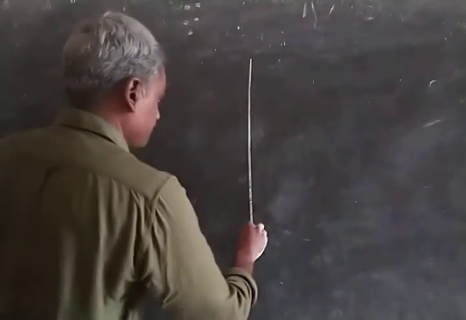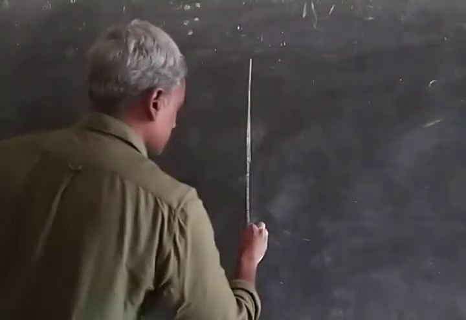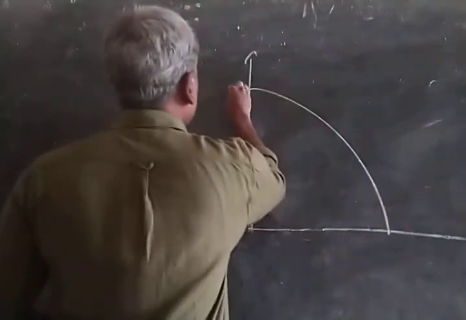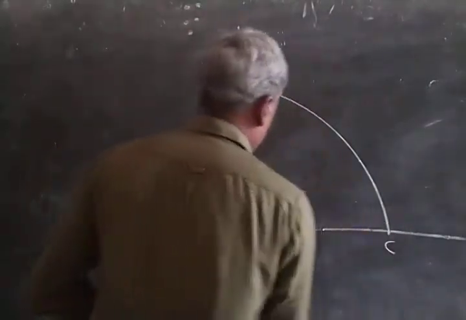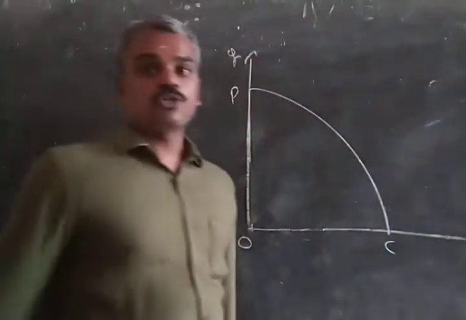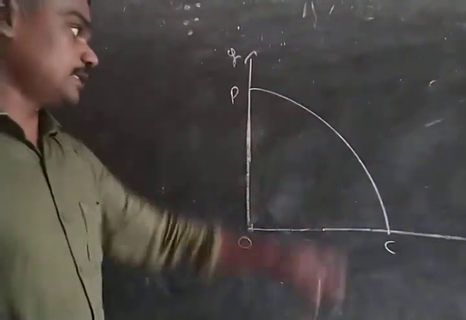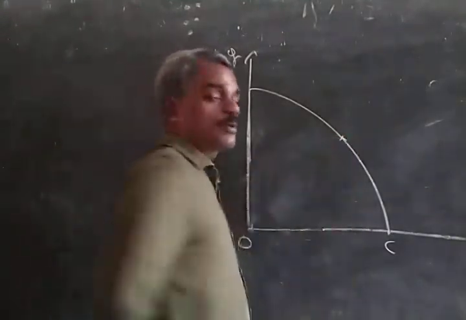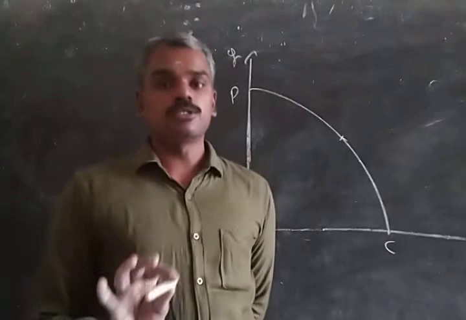Now we will explain a situation of underemployment and technological growth. So this shows the production possibility curve PC. Normally the economy would be on the production possibility curve if it is using all its resources.